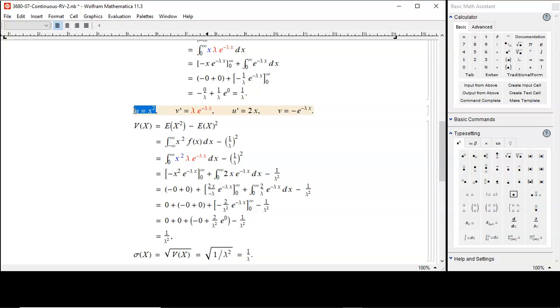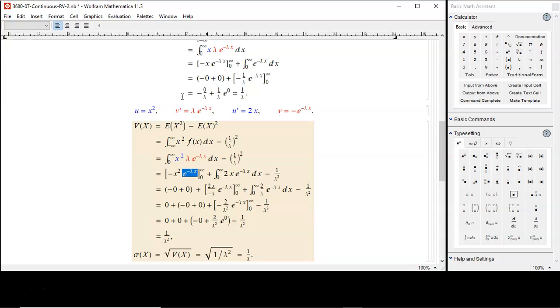So here that's u, and that's v prime, u prime, v, and apply the integration by parts formula.